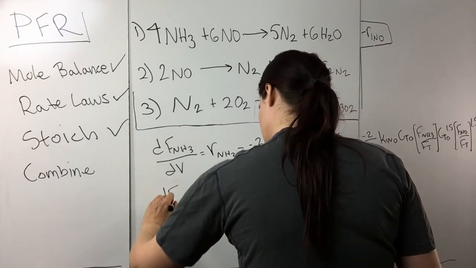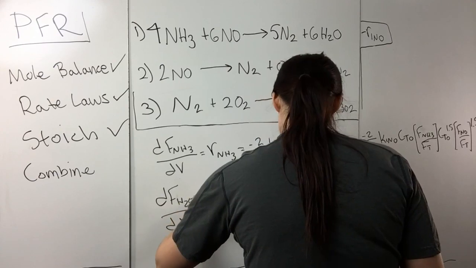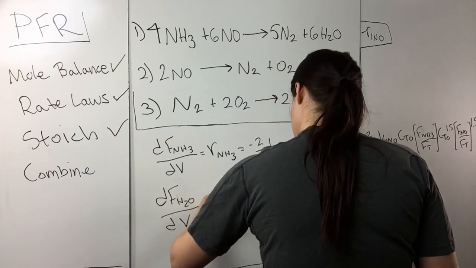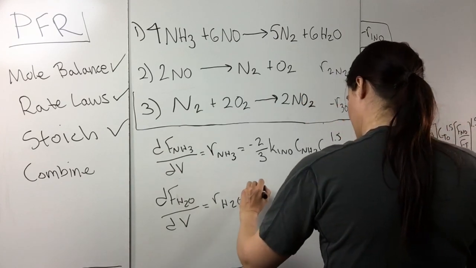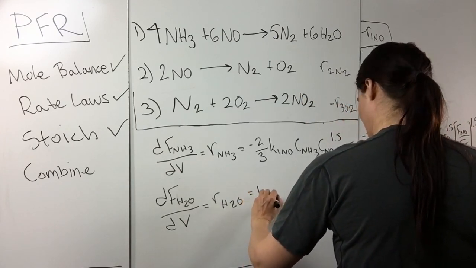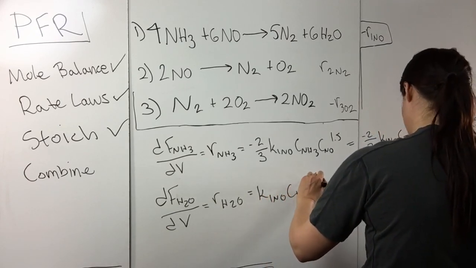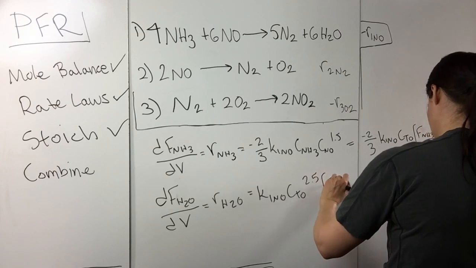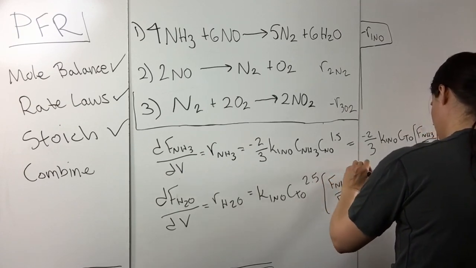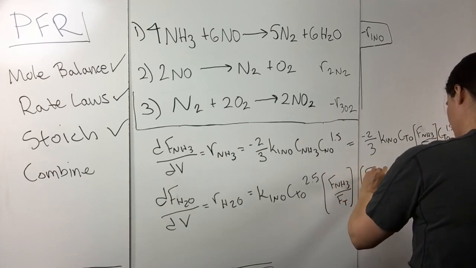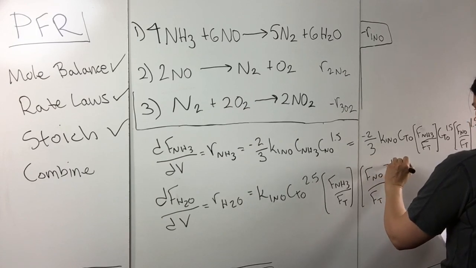So dFH2O over dV is equal to R H2O. And combining all the equations we just derived, that would be K1NO CT naught 2.5 FNH3 over FT, FNO over FT to 1.5.